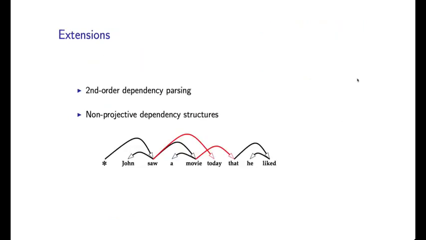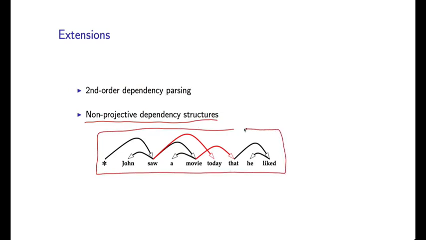Let me just talk a little bit about extensions to what I've just described to you. There's been a lot of interest also in non-projective dependency structures. So actually defining GEN to include these structures with the crossing dependencies. And for some languages, for example Czech, these kind of crossing dependencies are seen frequently, and so it's important to allow them.